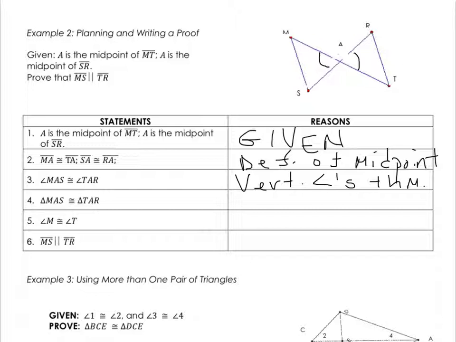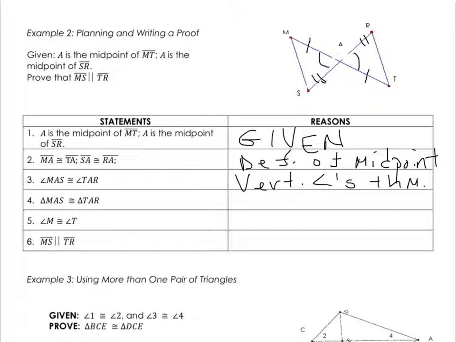And so then the next step they take is they say triangle MAS is congruent to TAR. Why is that? Well, remember, just a minute ago, we said that MA is congruent to TA, and SA, let me put a little two congruence, is congruent to RA.